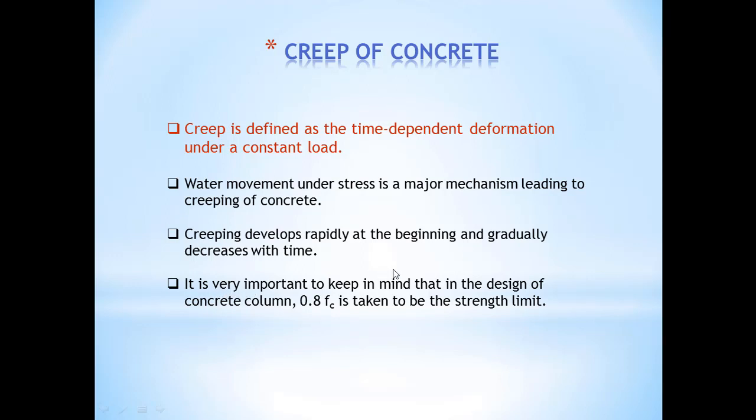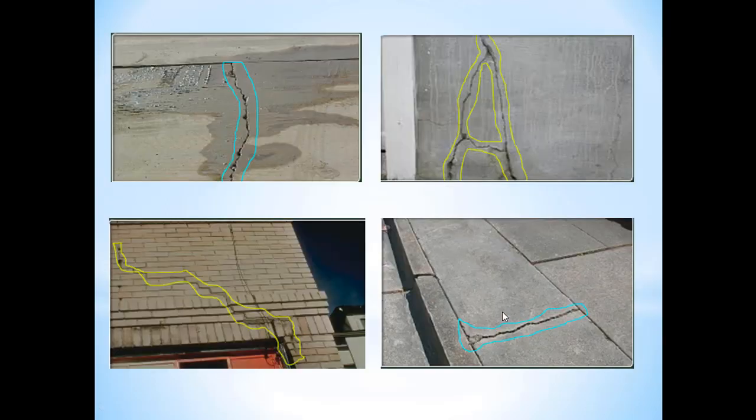It is very important to keep in mind that in the design of concrete columns, 0.8 Fc is taken to be the strength limit. And these are the damages to the structure due to the creep, the marked areas, and on the wall of the structure.